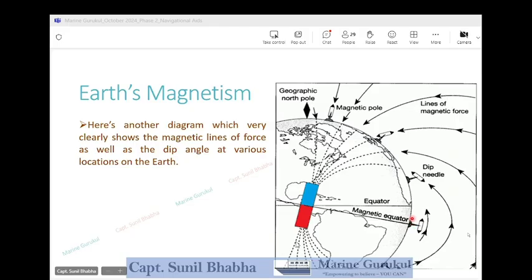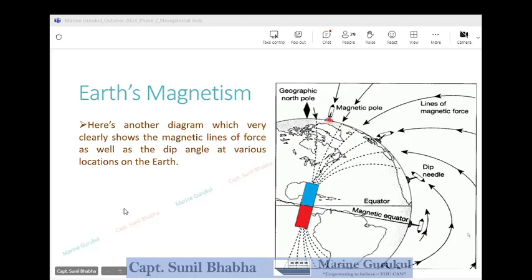Now, as we proceed towards the North Pole, at this particular location, the dip needle again aligns itself with the magnetic lines of force, and you see the red end of the dip needle will now be attracted by the blue end of the Earth's north magnetic pole, and it will show a downward dip. As we keep moving closer to the North Pole, this dip angle starts to increase. It keeps on increasing, and as we reach exactly at the North Magnetic Pole, you see the magnetic lines of force are vertical here, and the dip needle will be pointing exactly downwards.